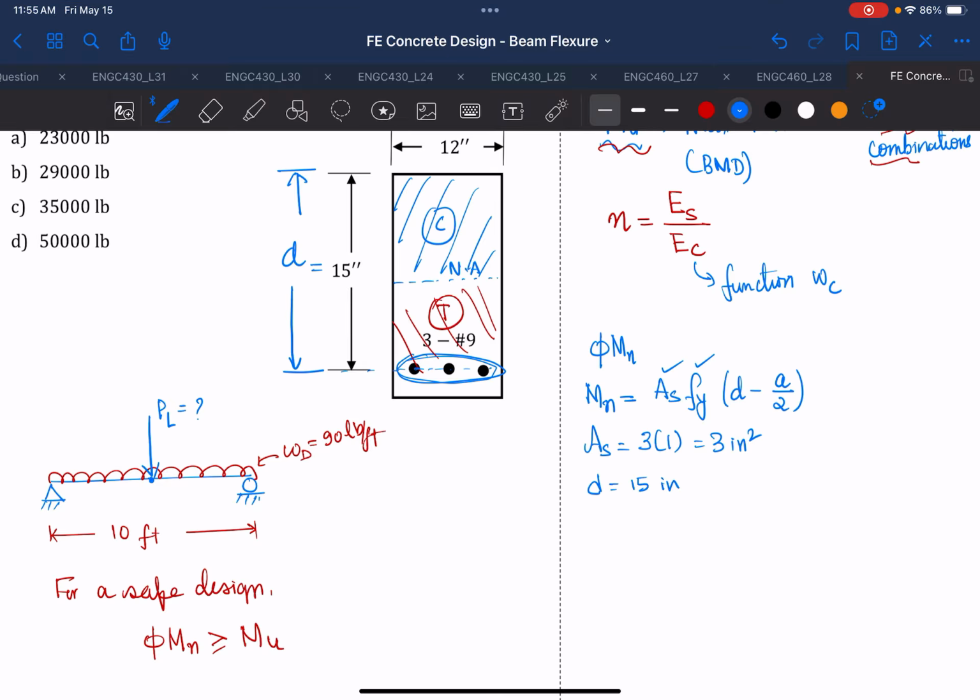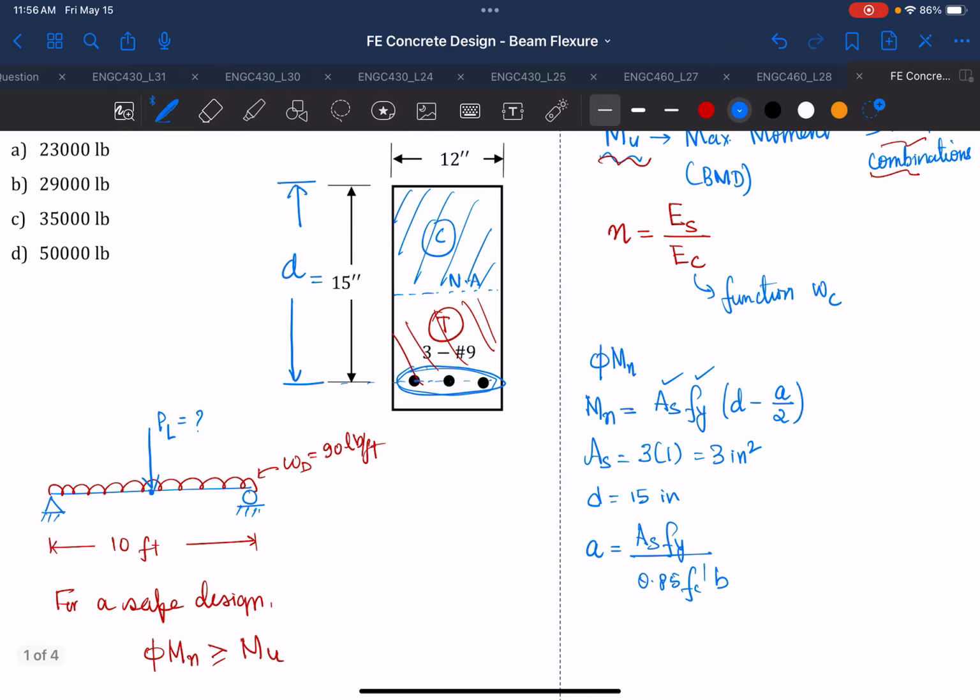And then what is a? A is your equivalent depth of your stress. Remember that in concrete we use the Whitney stress block, or uniformly distributed stress distribution, for your concrete in compression. And for that, a is given to you in your equation, which is As fy divided by 0.85 fc dash into b.